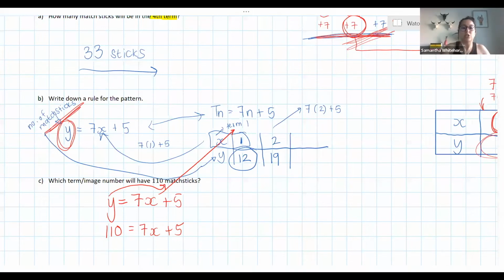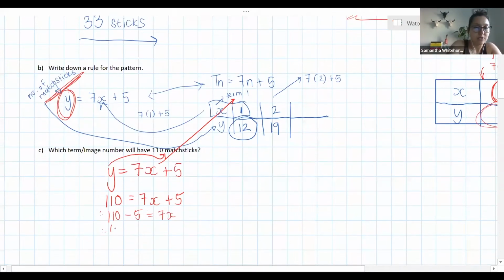All right. So we would subtract 5 on both sides. So this is 110 minus 5 equals 7x, which gives me 105 equals 7x. Then in order to get x alone, we divide both sides by 7, and 105 divided by 7 is 15.